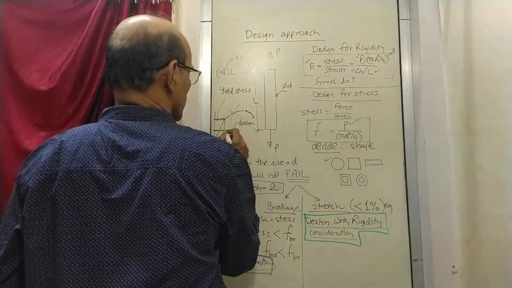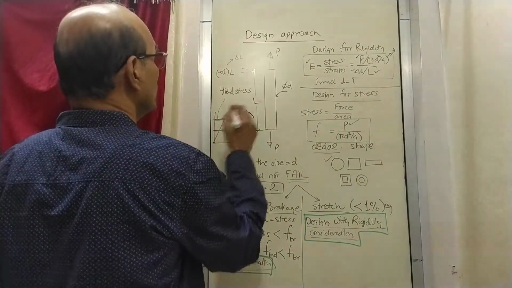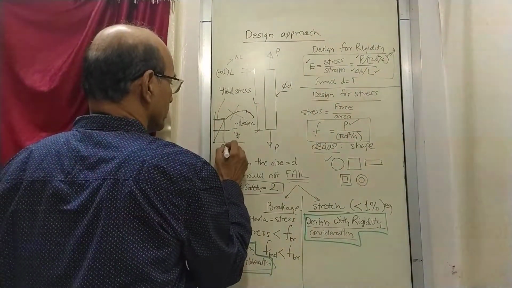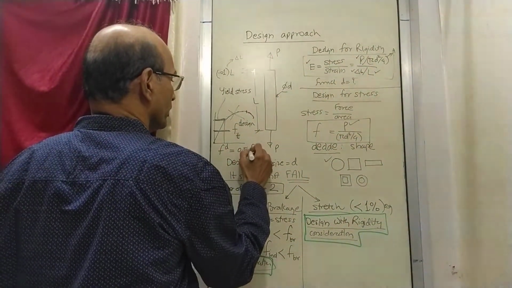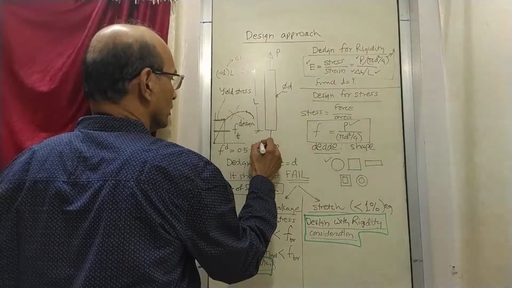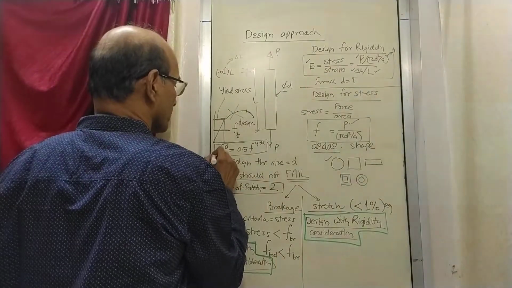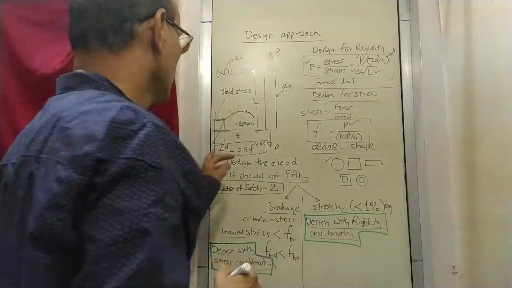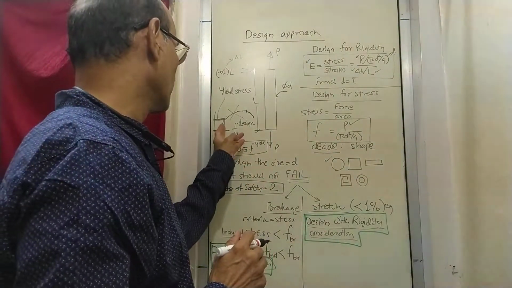And this is the design stress, already written here. So I'll say that F design is equal to 50% of F yield. This is the way we have applied a factor of safety of 2, making 50% of the yield stress our design stress.